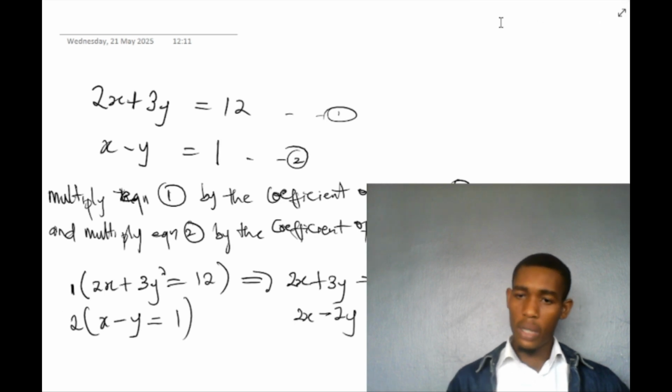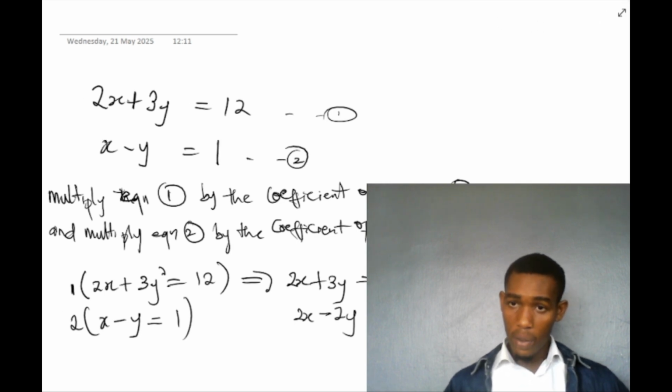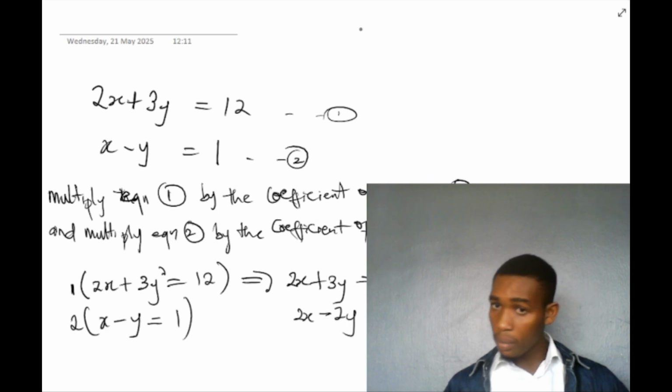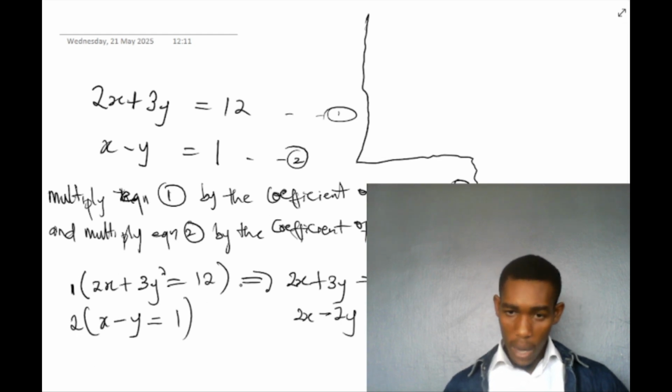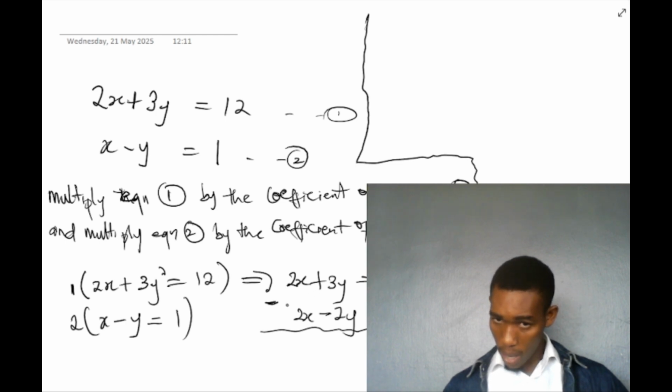So we'll go back to what we did in the previous slide. I have these as my two equations, so let me subtract, because that's the only thing that could work here. I'm going to have 2x minus 2x, so this is gone.